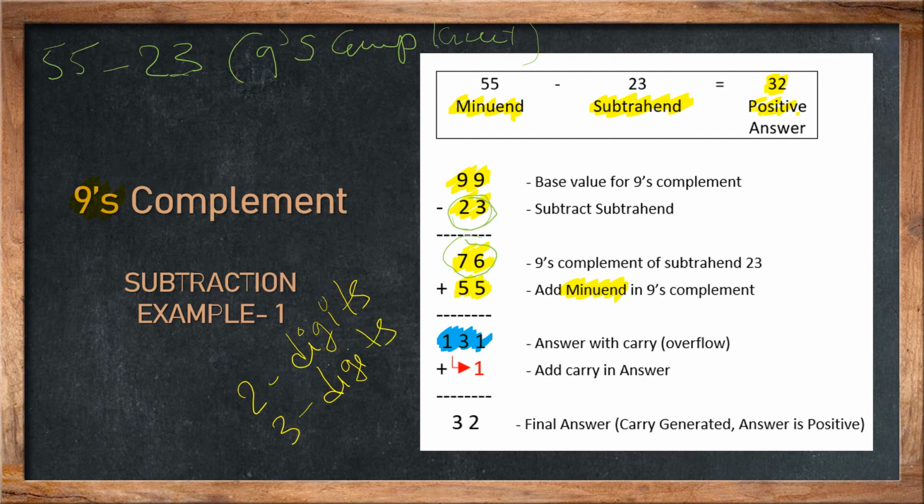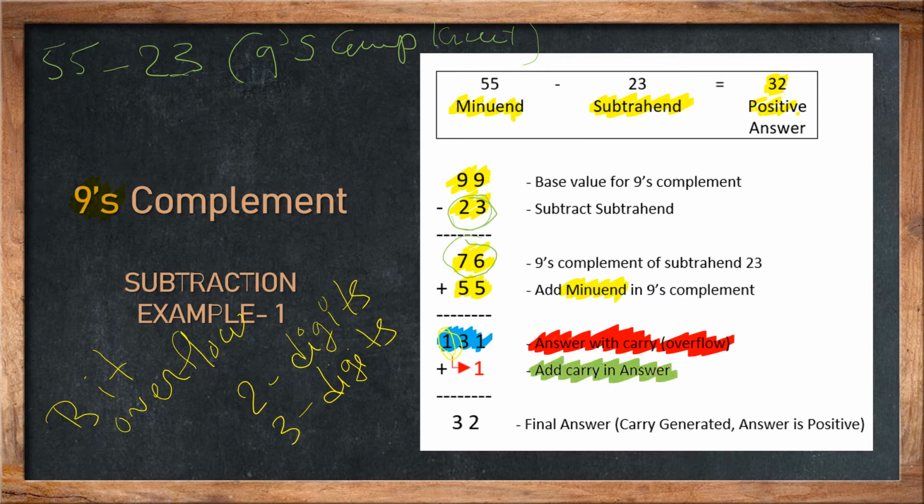Remember the bit overflow? In the last lecture we learned about this bit overflow. So here this 1 is the overflow bit. And the rule says that whenever a carry is generated, or if you get the answer with a carry, it means there is an overflow, so simply add that carry to the answer.